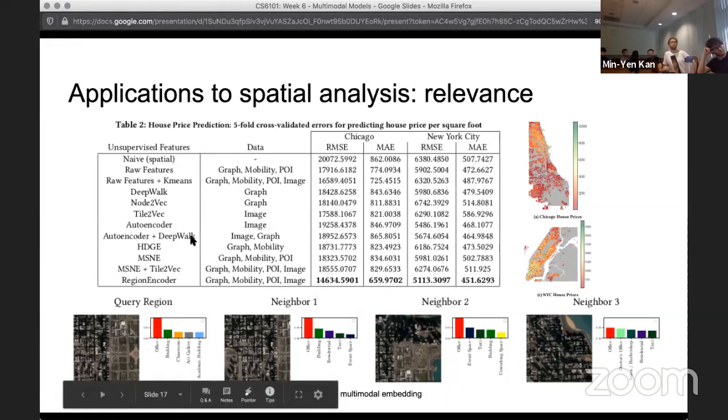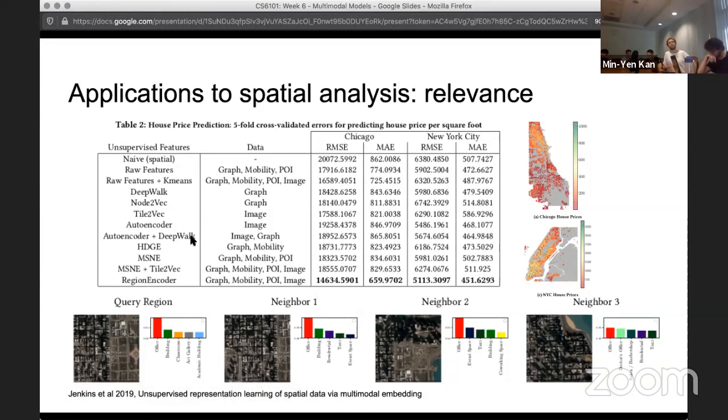The model will suggest the three closest in the embedding space, and they turn out to be commercial districts. You could also give some points of interest and ask the database for similar regions, and the model could give you that. So it has applications in any search engine you can imagine, like Google Maps and anything like that.